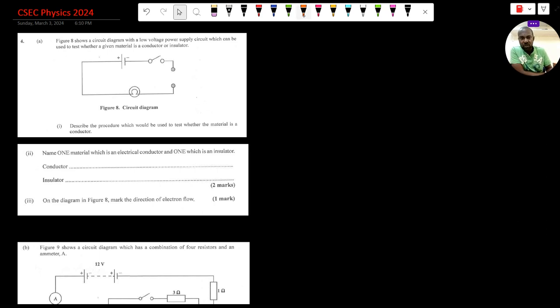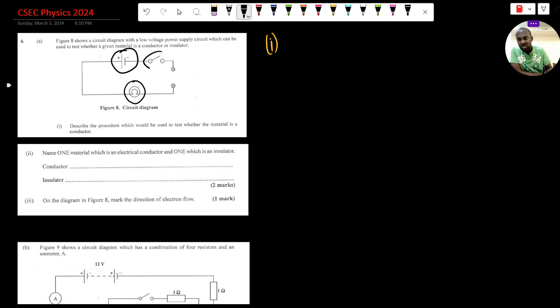All right. So as we're told in the information, this circuit can be used to test whether a given material is a conductor or an insulator. Now, what are the components in the circuit? We're told it's a low voltage power supply or a cell, and of course we have a lamp, which is to be used as an indicator of whether a current is actually flowing in the circuit.